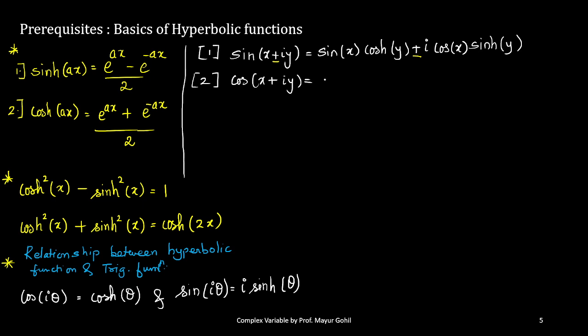That's going to be cos x cosh y, minus i times sin x sinh y. And if there is a minus here, then it's going to be plus here.